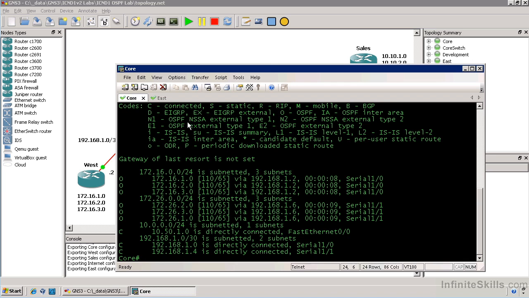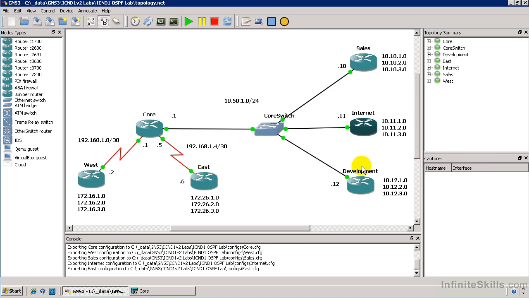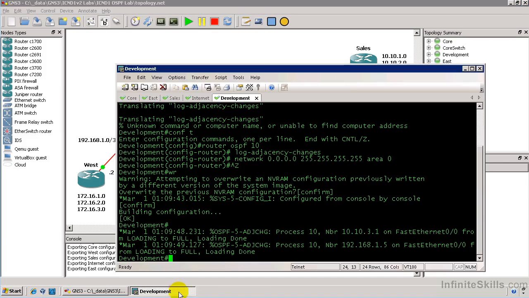Now I'm sure you don't want to watch me set up OSPF on sales, internet, and development, so we'll just kind of fast forward until the point where that's all complete, and we'll pick up our lab there. So now that that's all complete, I actually kind of cheated on these 3 routers and used the every interface is an area 0 command that we did on the core.